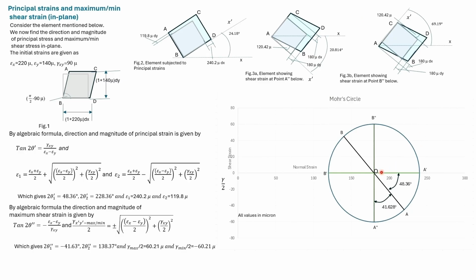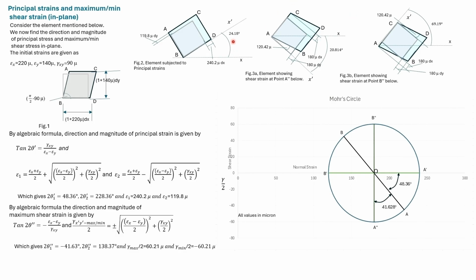In the Mohr circle, if we rotate from OA in the anti-clockwise direction by this angle, then we come to OA dash, which corresponds to the maximum principal strain. So the element has to be rotated by half.